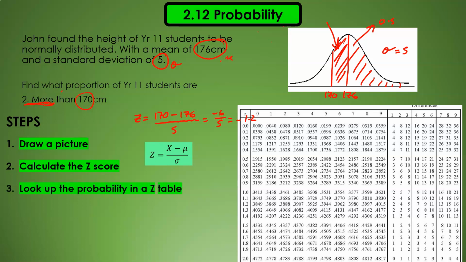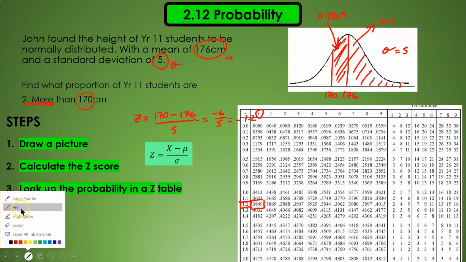We find it in exactly the same place on the table, so 0.3849. And because it's negative, it doesn't matter, it's symmetrical, so it's the same. So negative 1.2 is the same as positive 1.2.